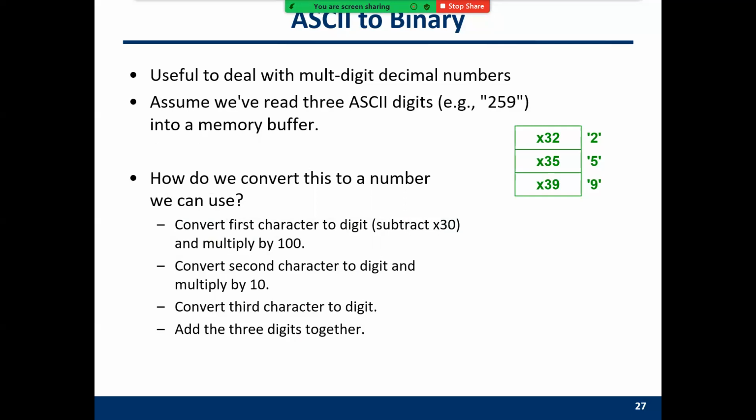So we need a program to do that. Assume that we read these three ASCII digits, and we write them into some memory buffer.